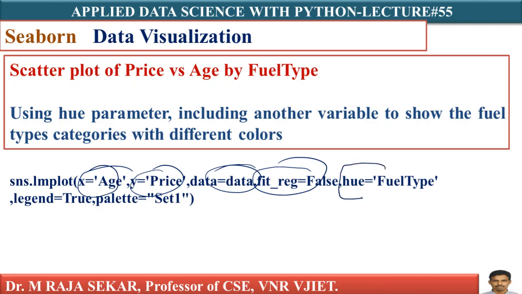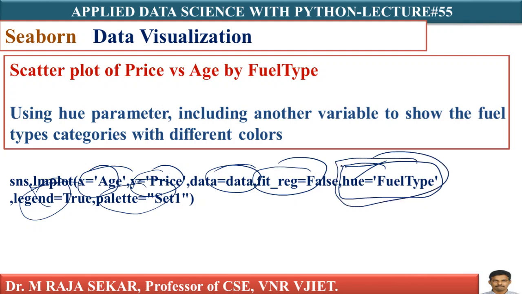This is the hue parameter I am discussing. hue equal to fuel type means I am including another variable to show the fuel type category. I will show legend equal to true. I already discussed what a legend is in matplotlib, and palette equal to Set1. Here we are going to add fuel type under the argument or parameter called hue.